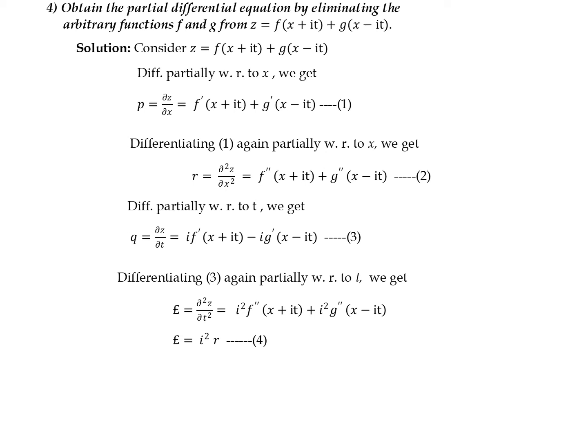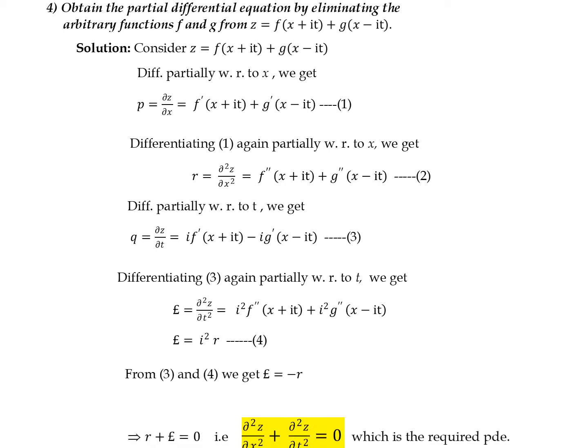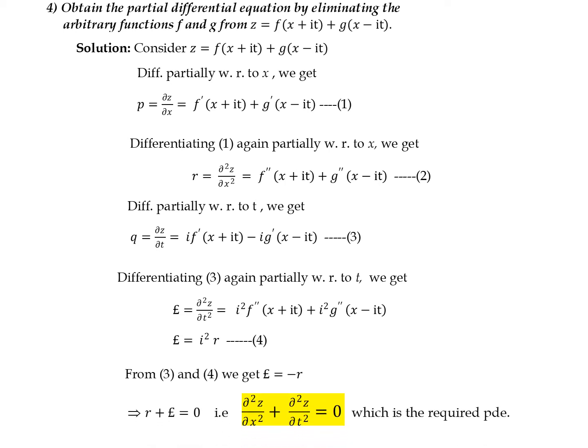So we have t equal to i squared r, or t equal to minus r. So the equation becomes r plus t equal to 0. That is ∂²z/∂x² plus ∂²z/∂t² equal to 0. So which is the required partial differential equation, since we have eliminated both the functions f and g and we have only partial derivatives involved.